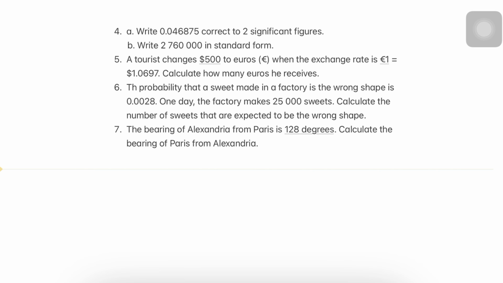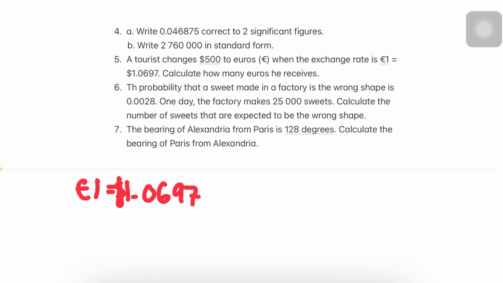We know that for every euro, we will get $1.0697, right? So dollars here. Now we have to find how many euros we can get from $500.